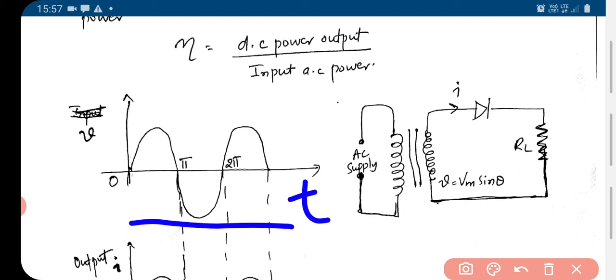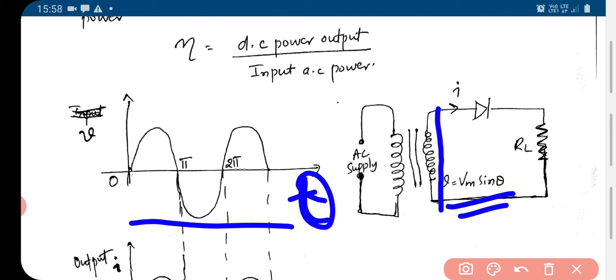So here we have the voltage and the current. This is the input voltage appearing across the secondary of the transformer, Vm, that is applied to the diode. Here instead of time we are using the angle, because for calculation purposes we actually need theta.